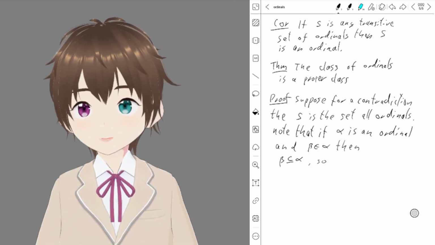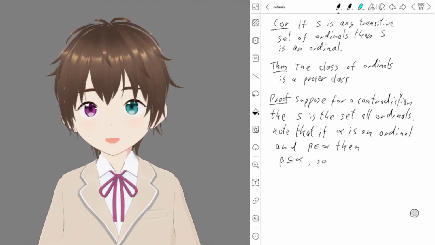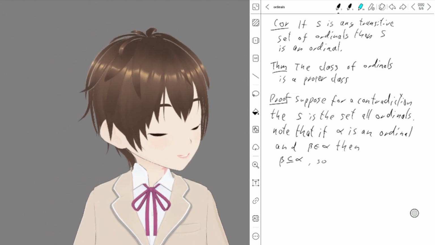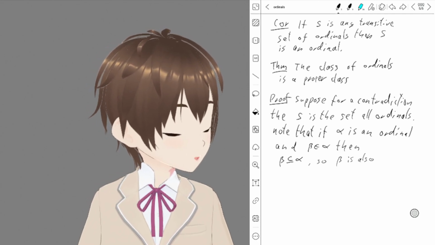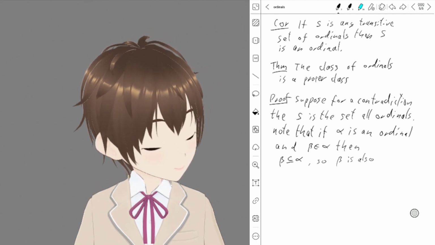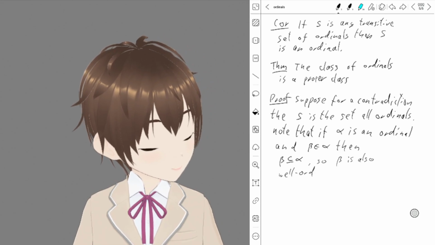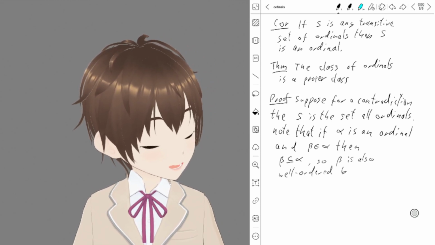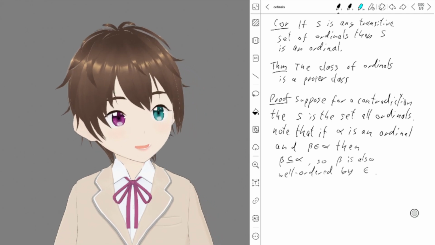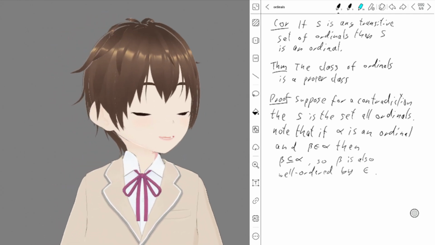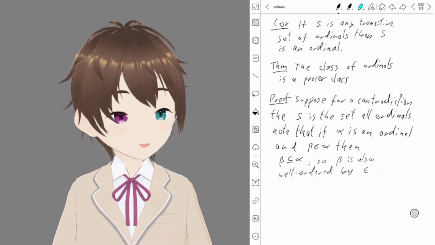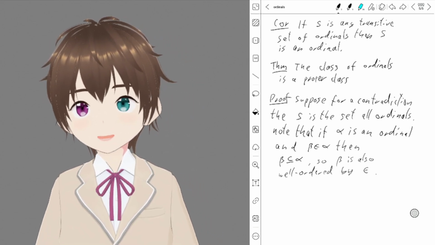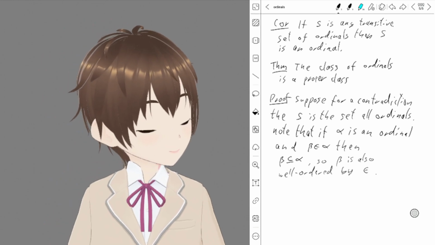So it's a suborder of a well order, and so it is also well ordered by element of. Beta is also well ordered by element of. And any element of an element of beta is an element of alpha, and in fact must be less than beta because alpha is well ordered, and that means it's in beta as well.